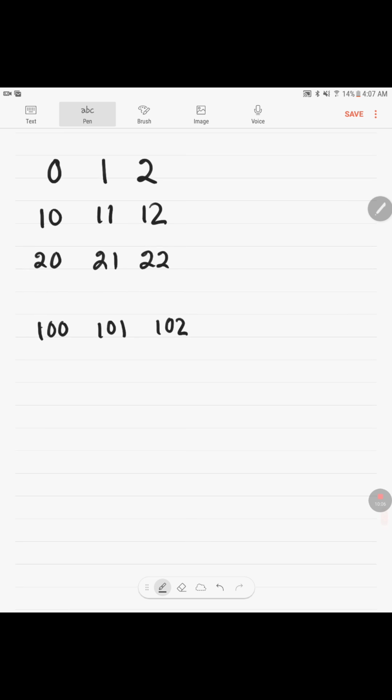It's just 0, 1, and 2. Okay, so that's base 3.